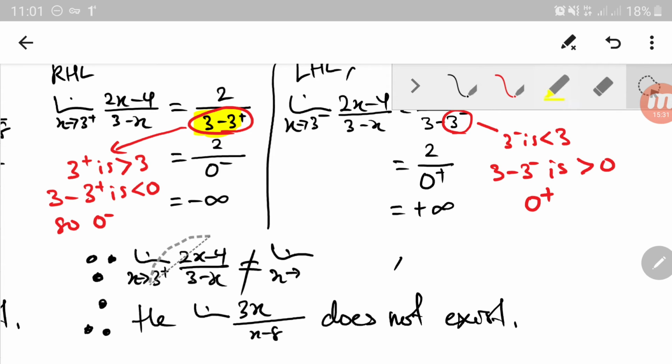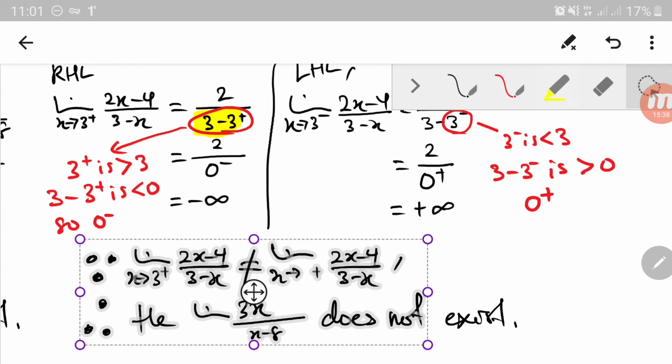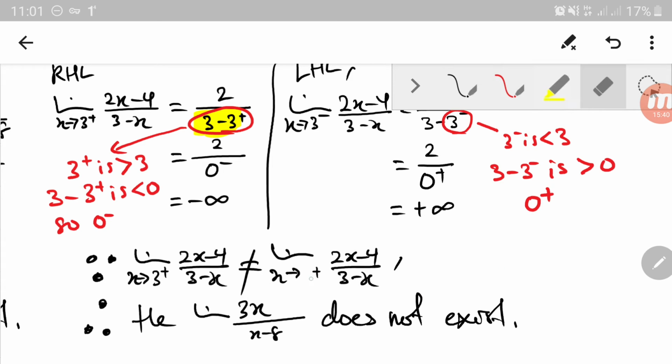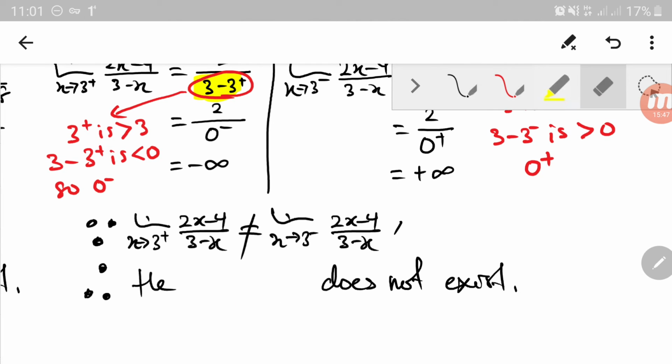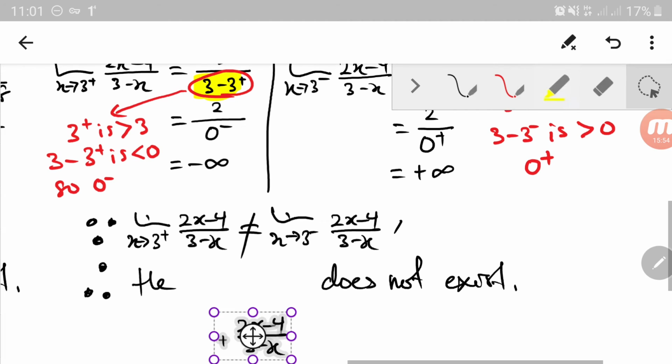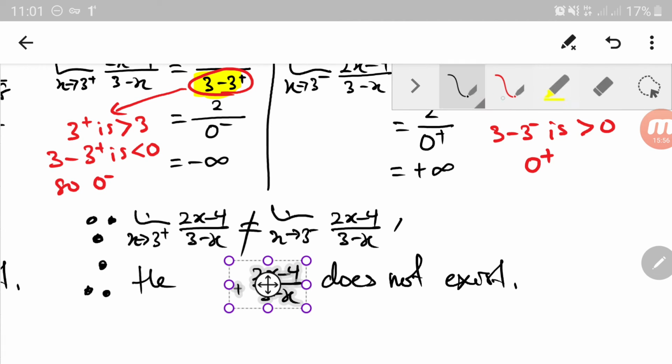Okay, and then I copy paste this thing. So this one 3 from the left. Okay, so the limit does not exist. So the limit as x approaches 3 does not exist.